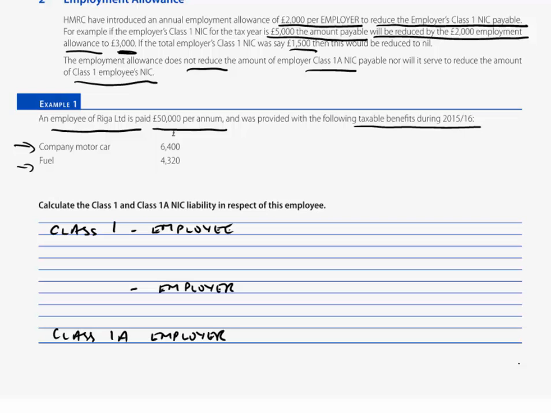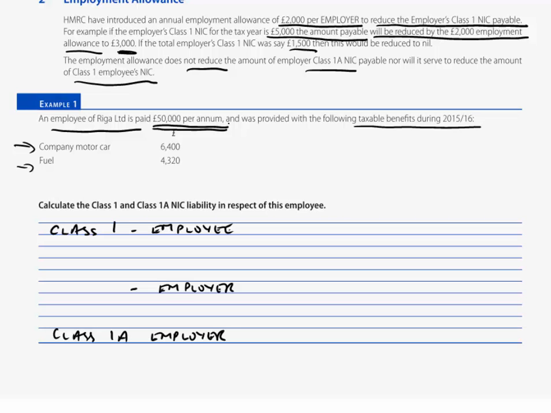Okay, well, let's see what calculations we've performed. We know that we've got to calculate both the Class 1 employee and employer contributions and also the Class 1A employer contributions. So the Class 1 to begin with, that's based on cash earnings, and that's your salary, £50,000.